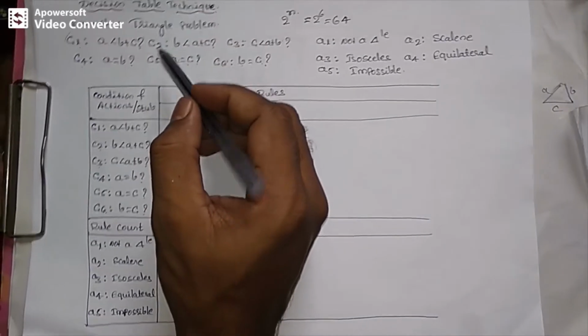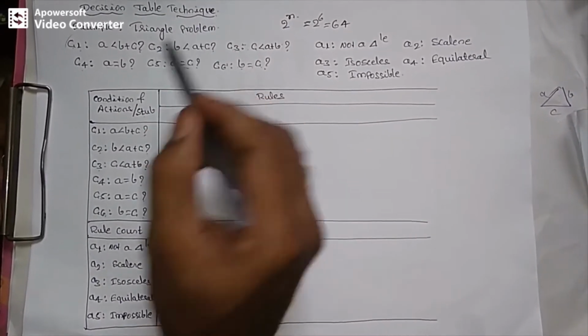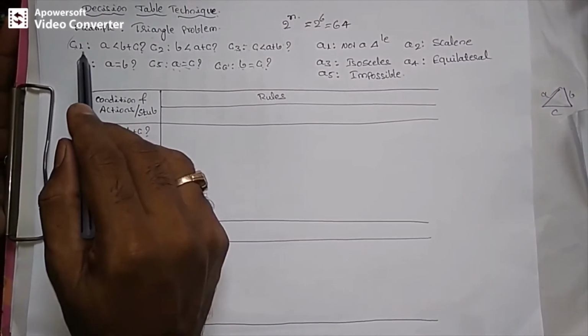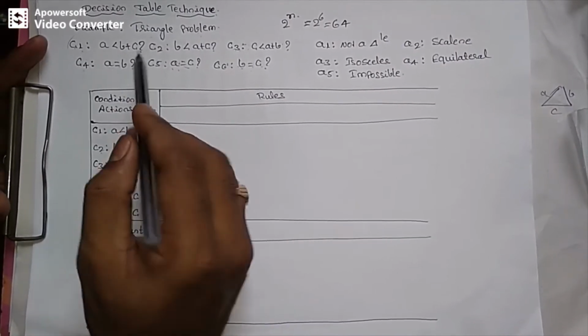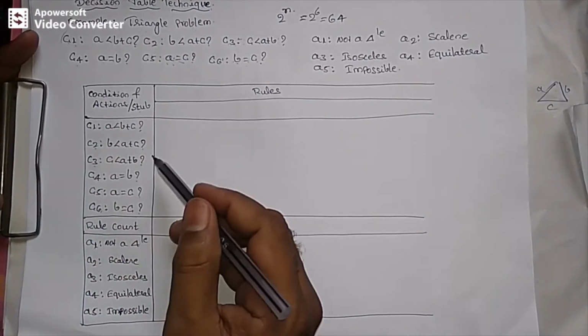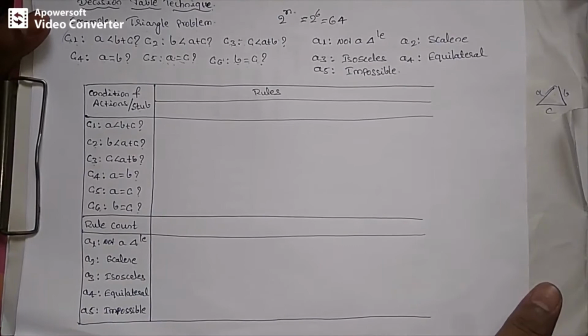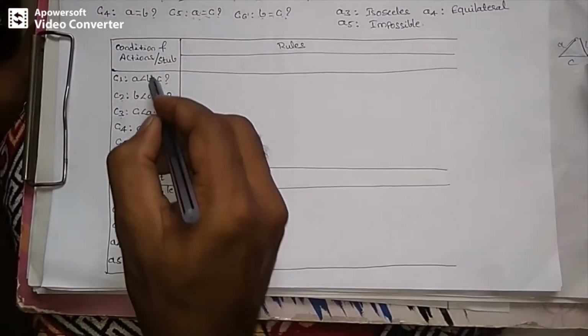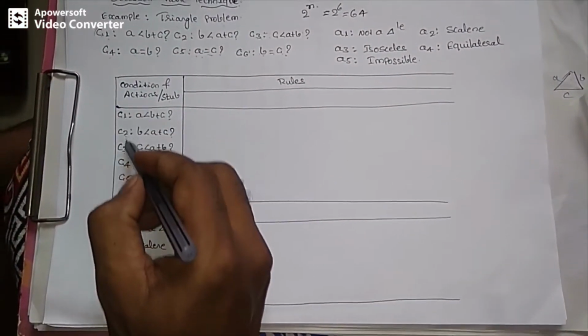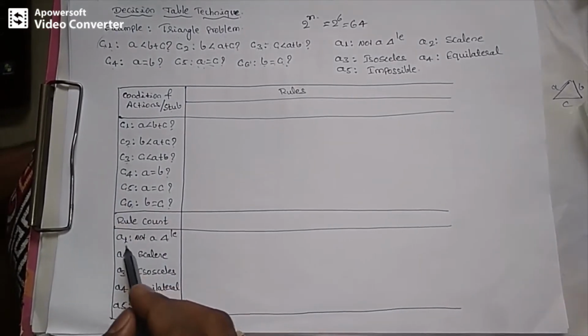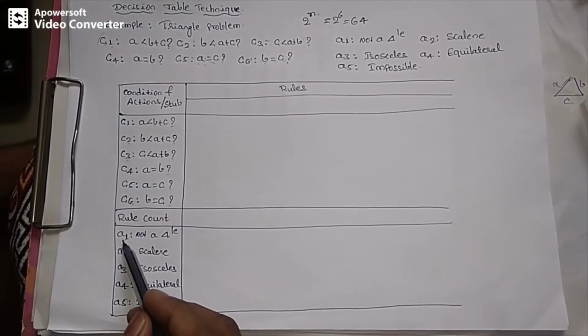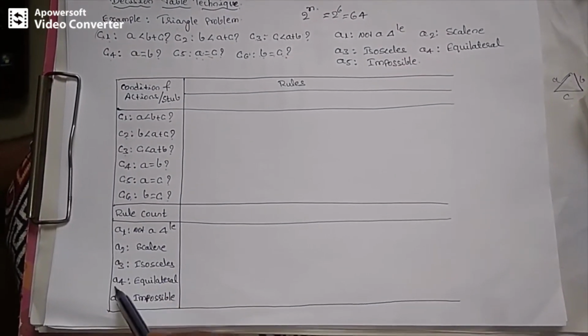When analyzing the triangle problem, we segregated the conditions, and based on these conditions we analyze the output result. This is the condition portion, represented by a small c. This is the action portion, and actions are represented by small a's: A1, A2, A3, A4.